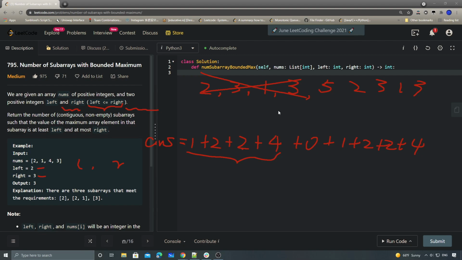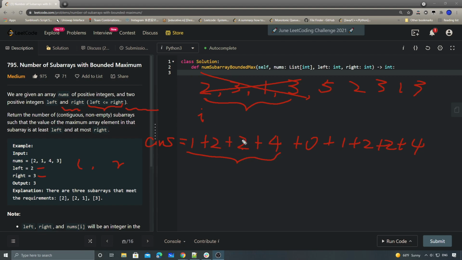Now, as you can see, in order for us to calculate this number here, we need to keep the starting point of this valid subarray, which is the index here. And every time the current number is smaller than left, we still use the previous length, which is 2.